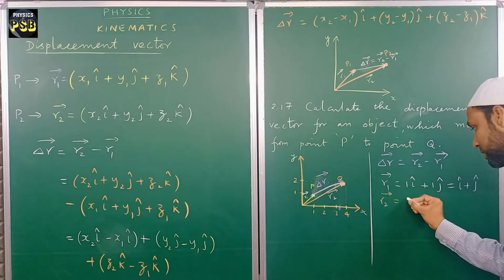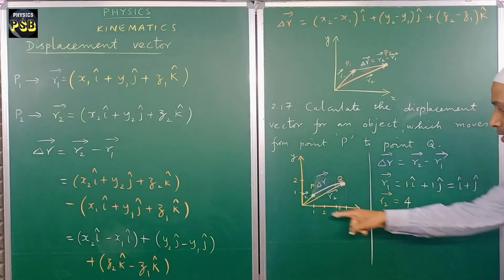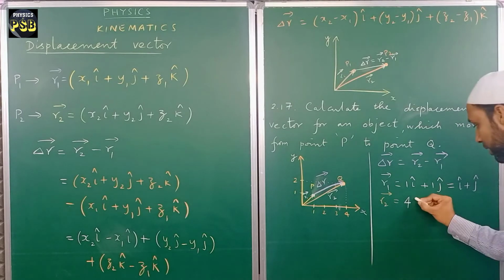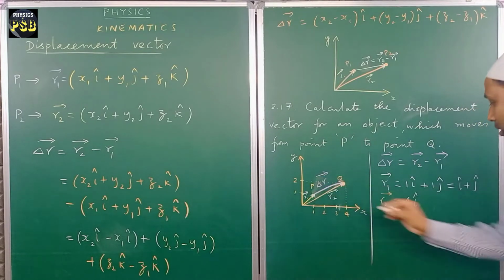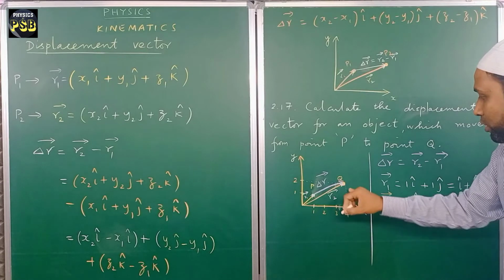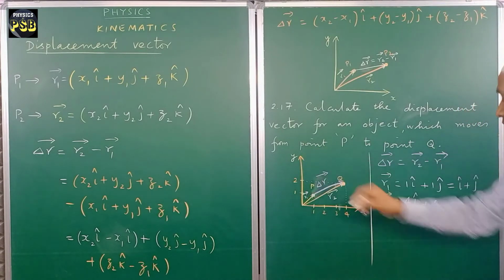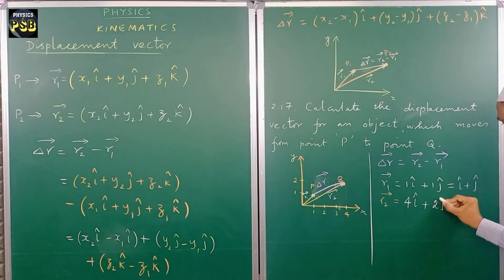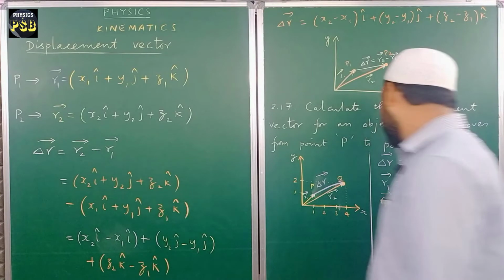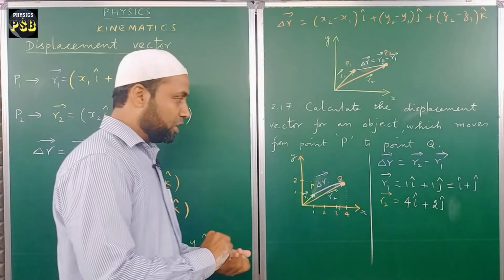Here along x-axis it is 4. The unit vector along x-axis is nothing but I cap, and the position of Q along y-axis is 2, and the unit vector along y-axis is j cap. Fine. So this is R2 vector.